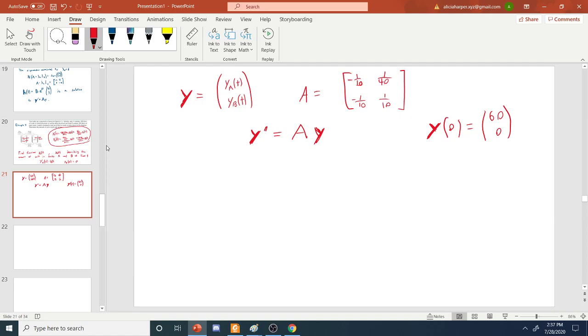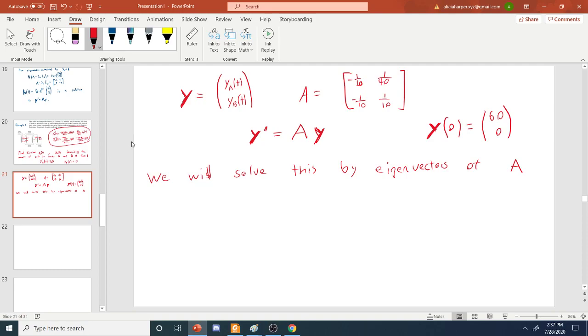And so we're going to solve this by finding eigenvectors of A. So how does this go?